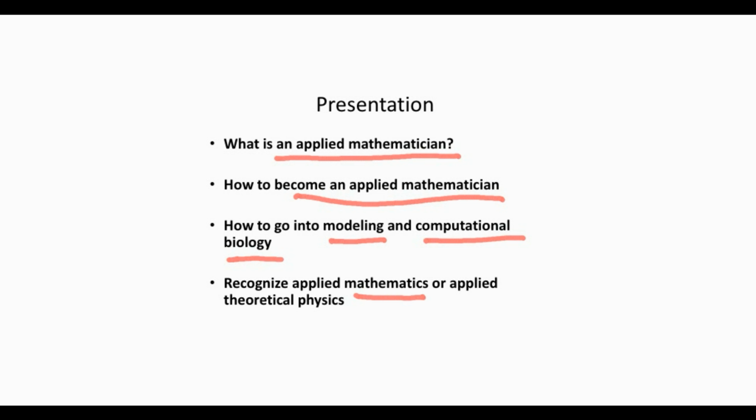I would like to say that applied mathematics is very close to what we can call today applied theoretical physics or statistical physics, because in physics people usually learn how to model a process, a biological process, that is, how to go from the features of the biology to the equations that are usually needed to simulate or analyze the system.